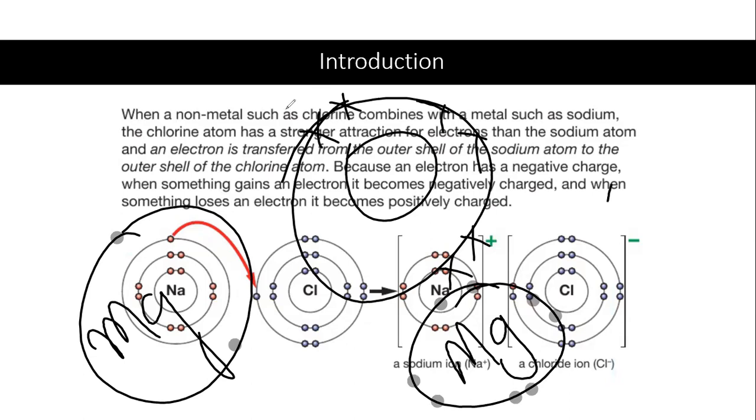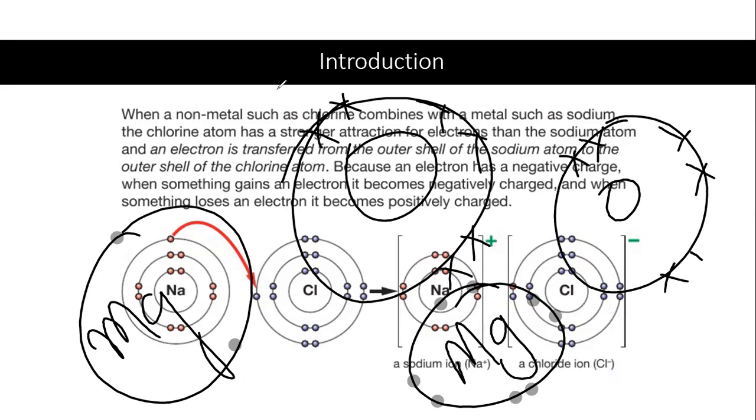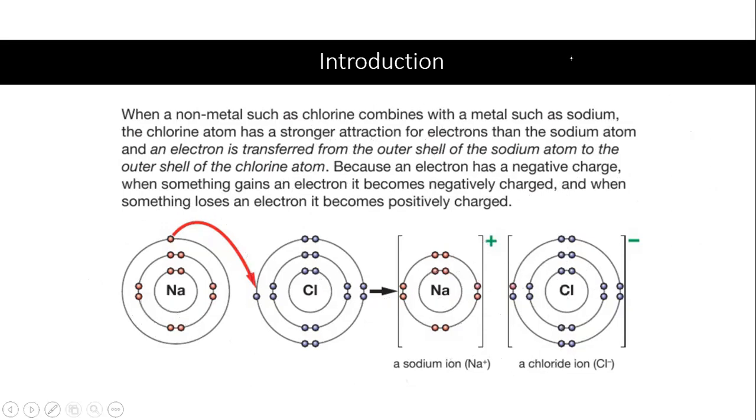And oxygen is going to end up gaining those 2 electrons. Magnesium would get a charge of +2. Why? Because it lost 2 electrons. So now it has 2 more protons than electrons. Oxygen, on the other hand, will get a charge of -2 because it gained 2 electrons. So that is what your dot and cross diagram is going to look like.